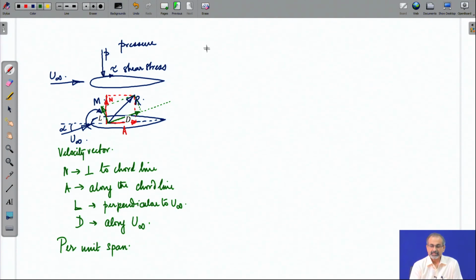Now, the issue is that the overall distribution of pressure and shear stress is giving rise to the force and the moment that we are talking about. However, it is very important to understand through which point this resultant force R would act.